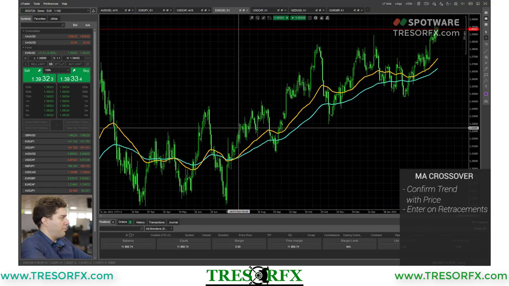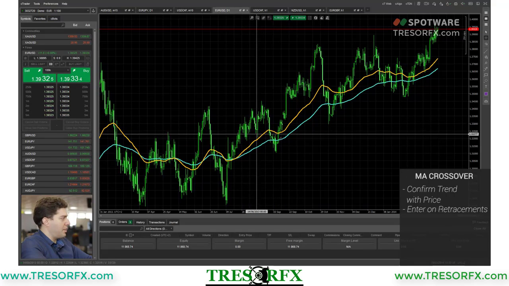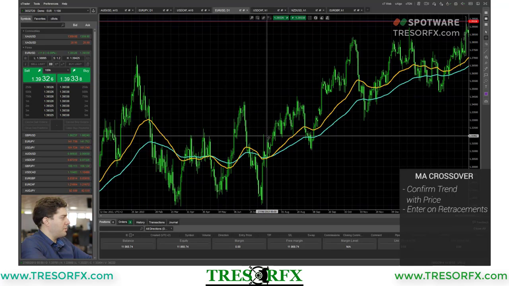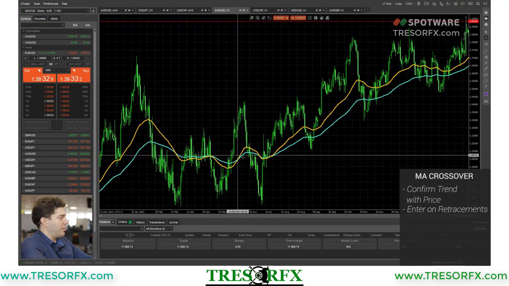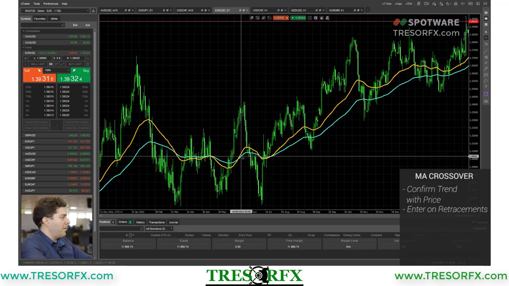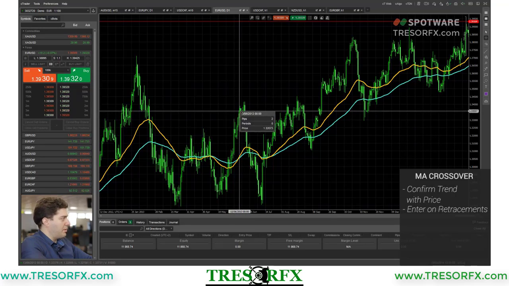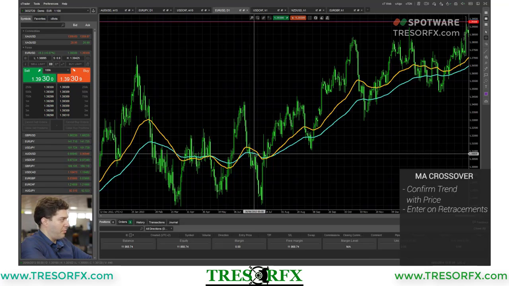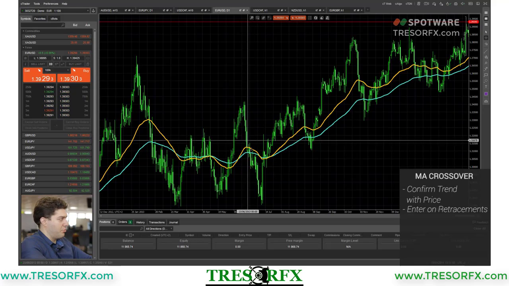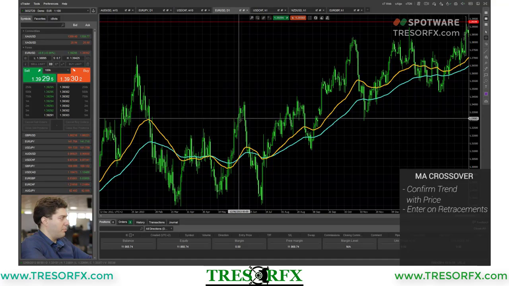This is not the perfect example because the price actually is close in this case, but if we look at this example, to enter the cross here would mean that we enter here, which is very high, to enter long. However, if we wait for the price to retrace, we save 270 pips, so it's quite important.